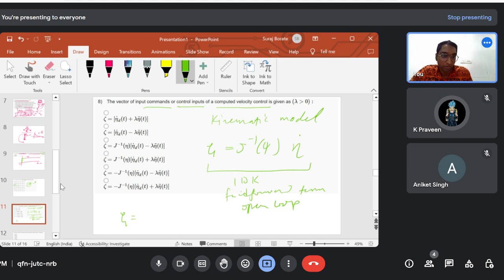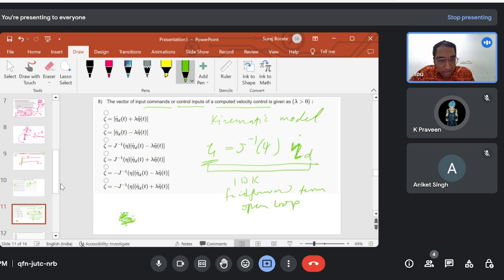Okay, so this is for the desired, right? This feed forward is where we know the motion of the vehicle, and for that we are closing our eyes and deriving the control input just based on the equation. So here we put the desired.